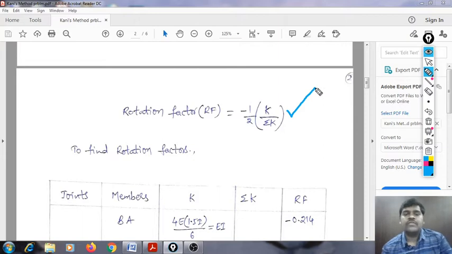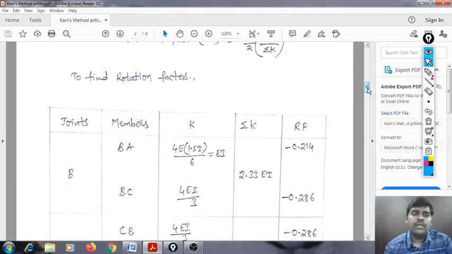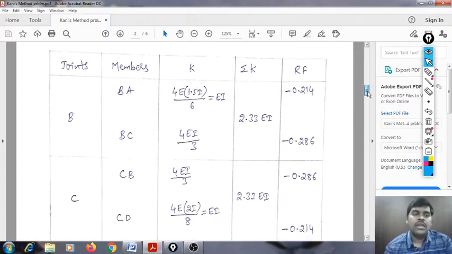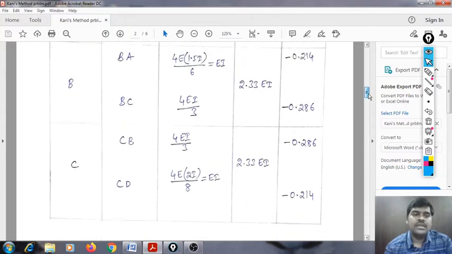The rotation factor formula is minus 1 by 2 into K by sigma K. What are K and sigma K? These are what we are going to find in tabular form. To find the rotation factor, one has to complete this table with joints BA, BC and CB, CD.